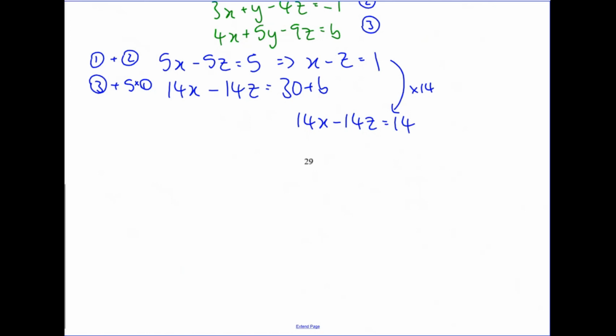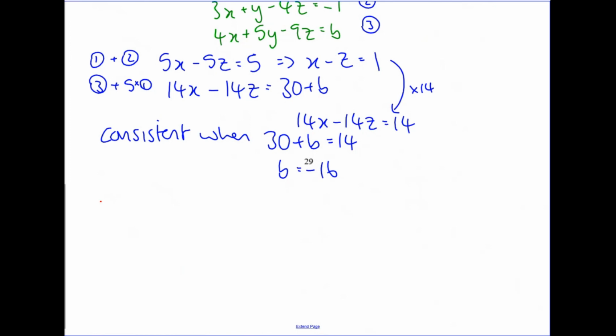So these are consistent when 30 plus b is equal to 14. If I take the 30 across, these are consistent when b is equal to minus 16.